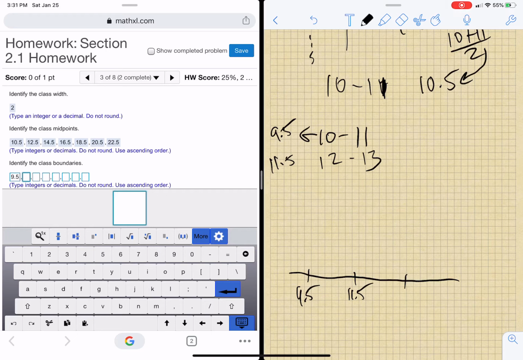You could definitely fast forward if you get it, or just do it. Working on an iPad, so it's a little cumbersome.